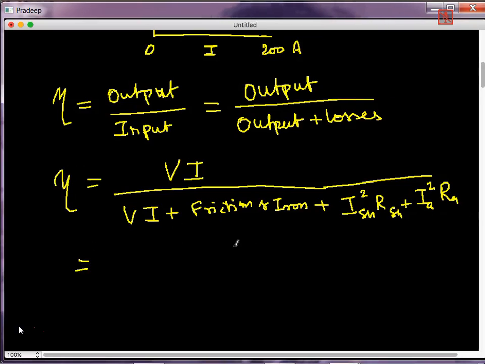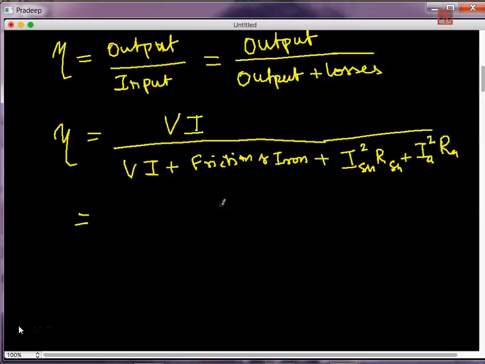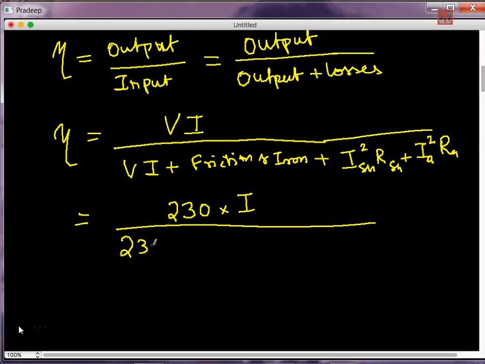Now further details: voltage is 230 volts, that is fixed, given in the question, multiplied by current, which keeps on varying. Similarly, voltage is again 230 volts multiplied by current plus the friction and iron losses. That is constant, 1000 watts, given in the question, because friction and iron losses are related to flux.